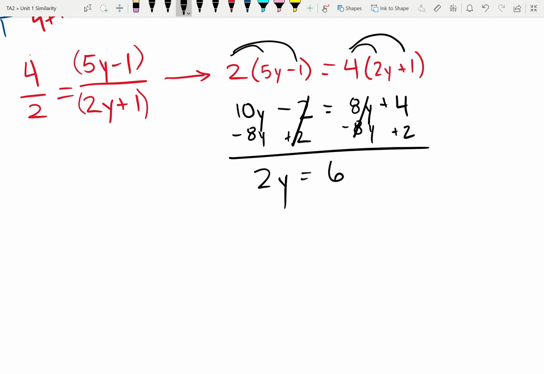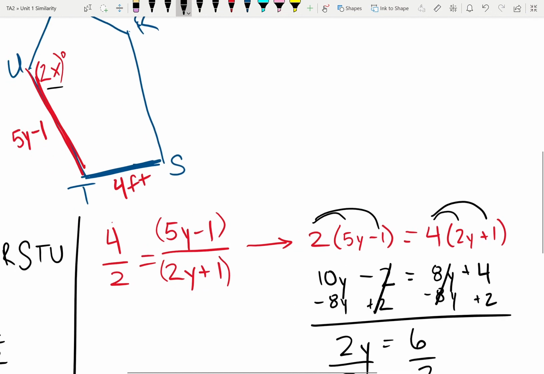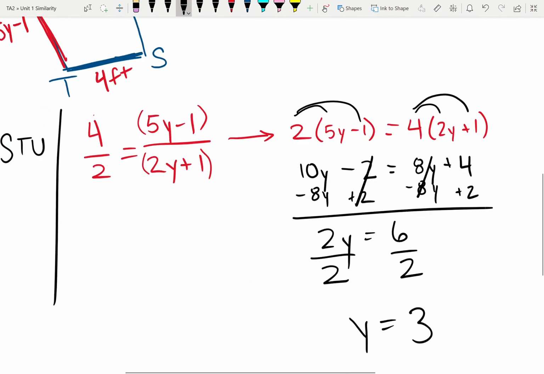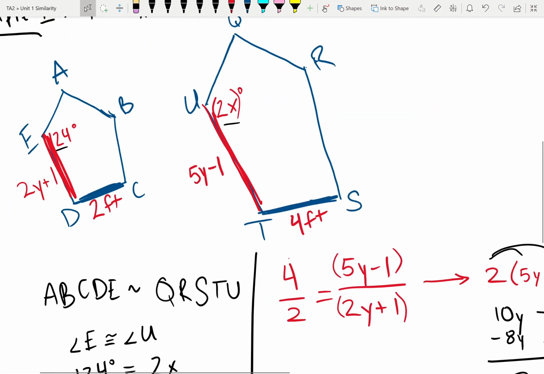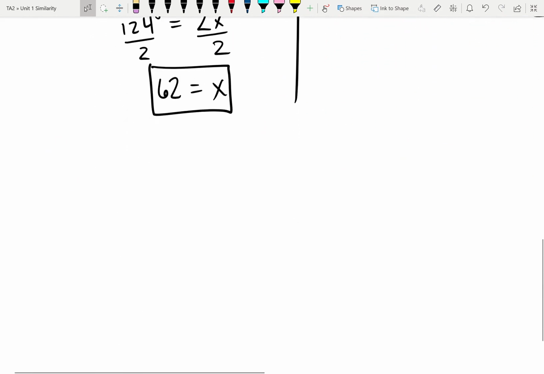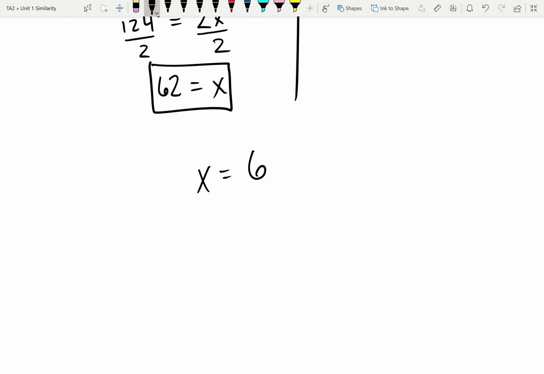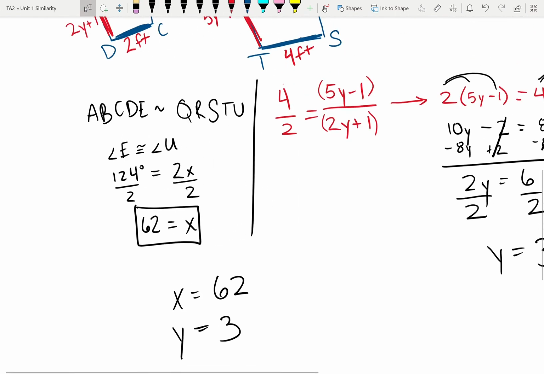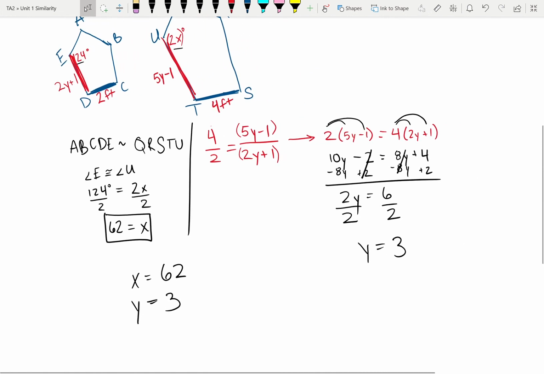That's easy now. We have 2y equals 6. Divide by 2, and y equals 3. 6 divided by 2 is 3. So y is equal to 3. Now we used proportions to set up an equation, and not only set up the equation, but solve it as well. So our two answers: x equals 62, y equals 3. And there you go. That's what you can do with proportions. Pretty cool stuff.